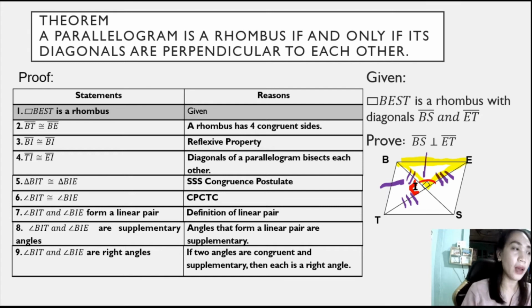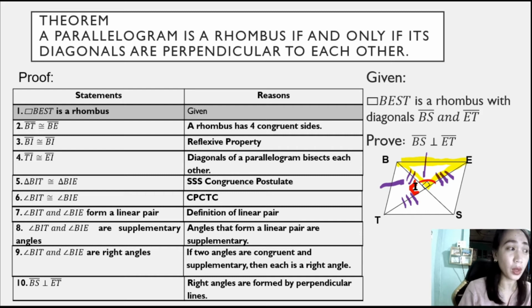So you have BIT and BIE are right angles. So if the two angles are congruent and supplementary, then each is a right angle. So you can say that the side BS, or this diagonal BS, is perpendicular to ET.